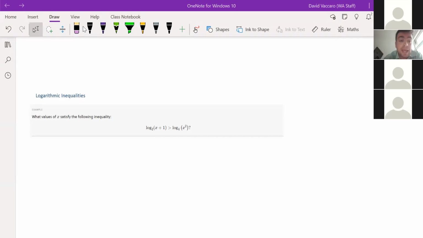Yeah, we could change the base. Okay. In particular, it would make sense to change the base to be the same thing.